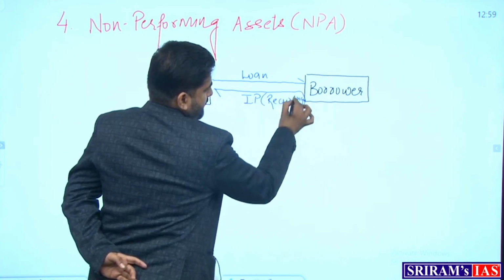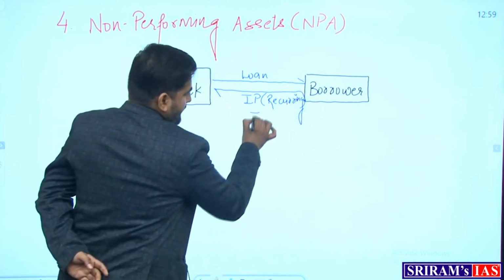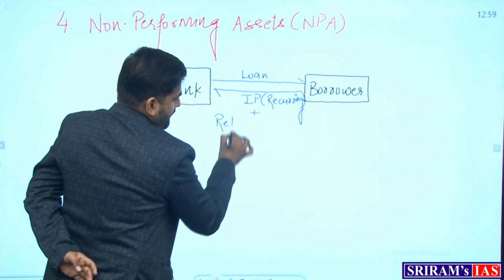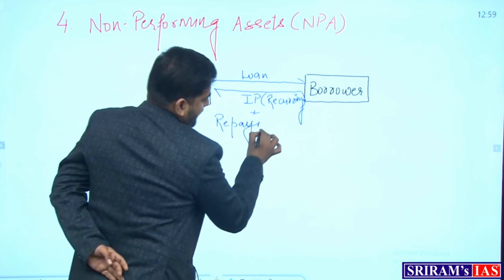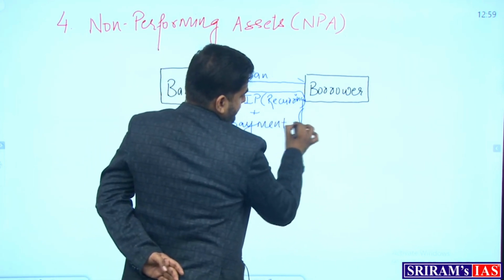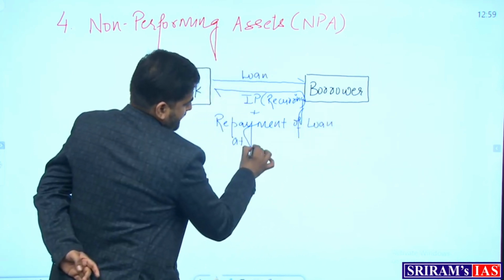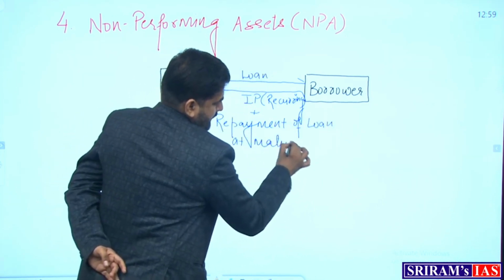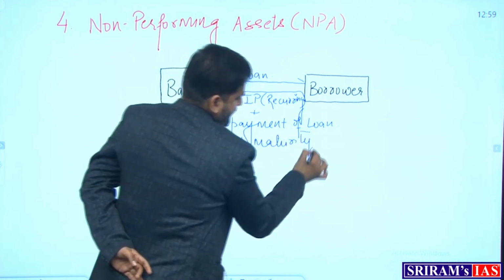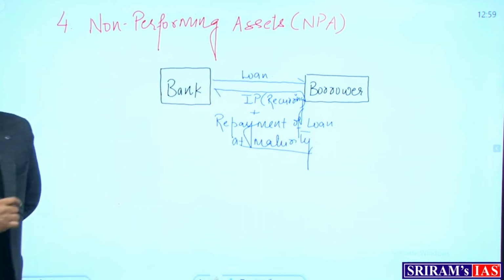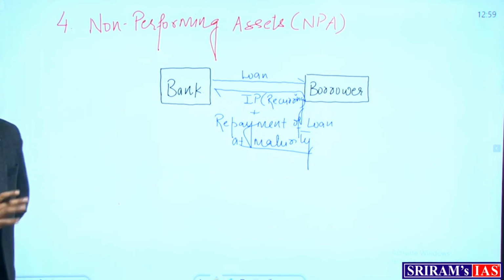Recurring interest payments plus repayment of the loan at maturity. Clear? So the bank provides a loan to the borrower, and the borrower pays the interest payments and repays the loan at the time of maturity.